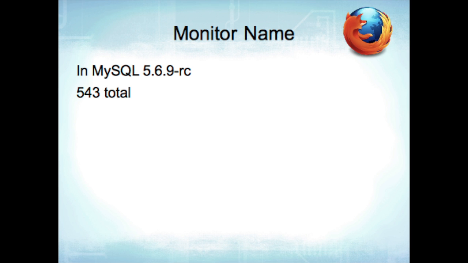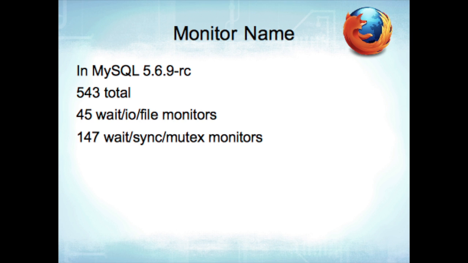In MySQL 5.6.9 RC, which is what I have on my laptop, there are 543 total monitors. There are newer versions, probably with more. So if you did a select star from setup_instruments, you would get 543. 45 are wait/io/file. 147 are wait/sync/mutex.